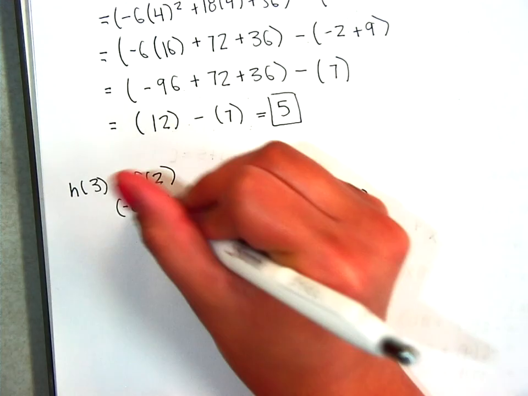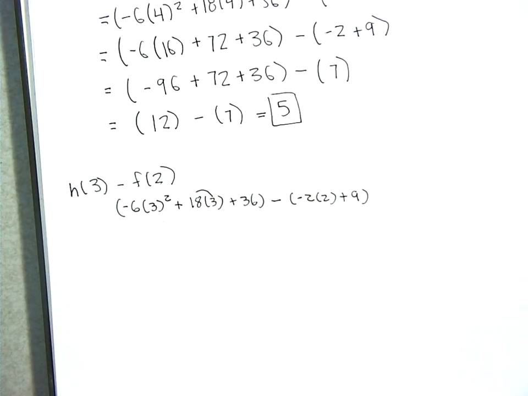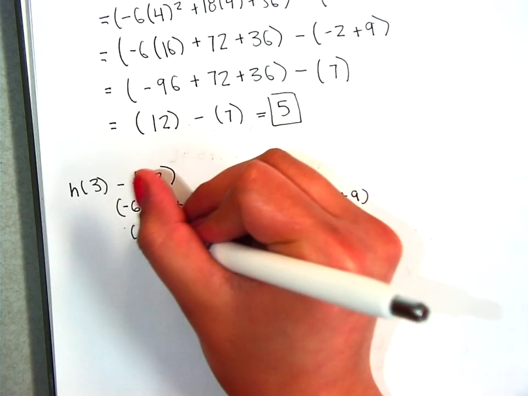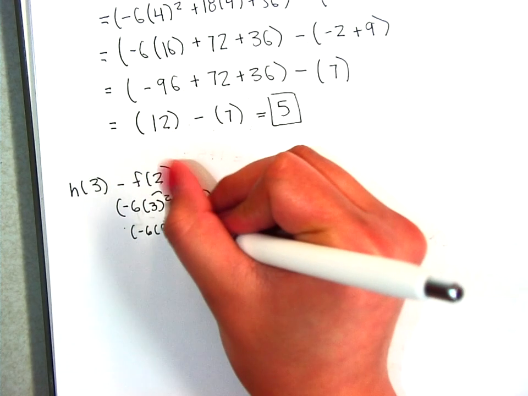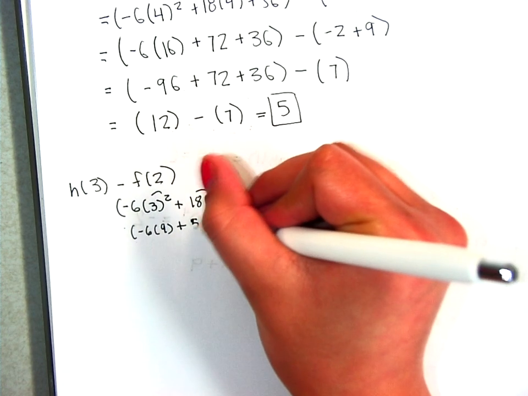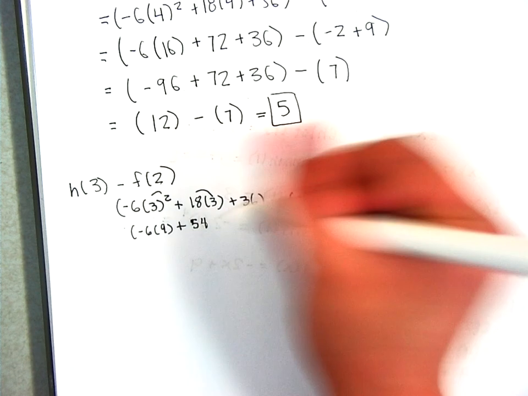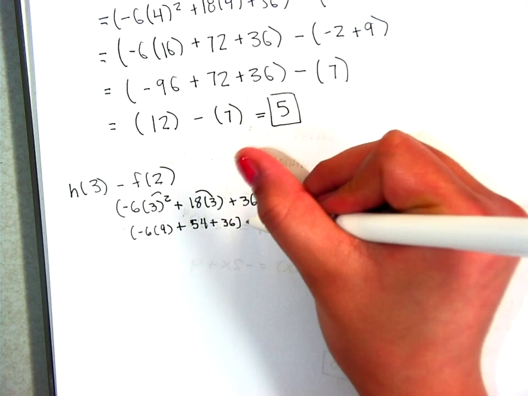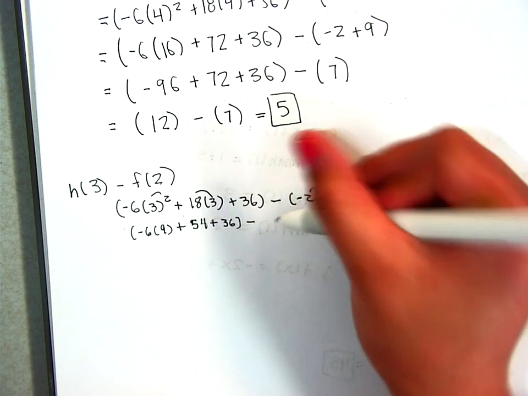Okay. Then you do 3 squared to get 9, so you have negative 6 times 9, and then you do 18 times 3 to get 54, so it's negative 6 times 9 plus 54 plus 36, minus, then you do negative 2 times 2 to get negative 4, so it's negative 4 plus 9.